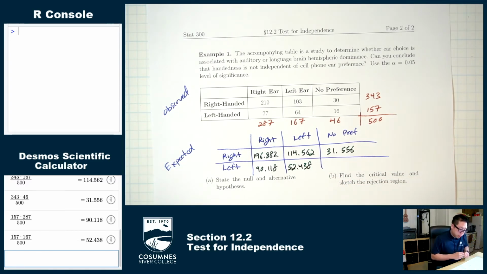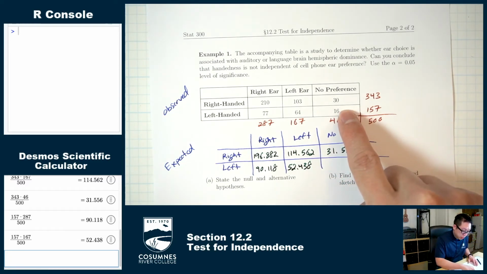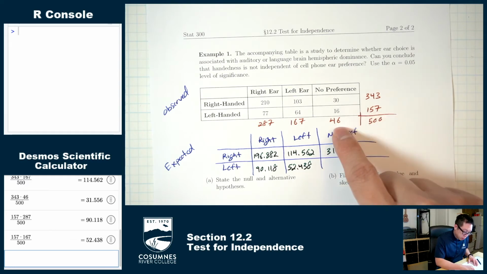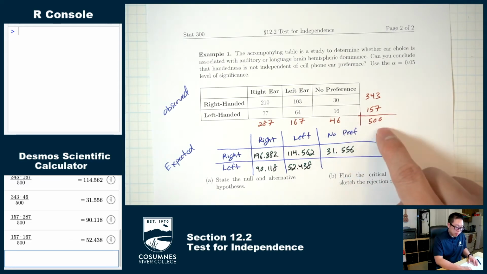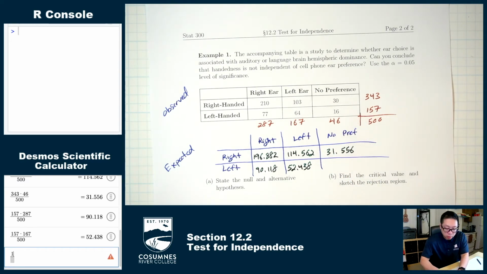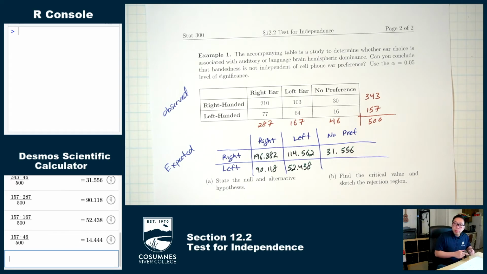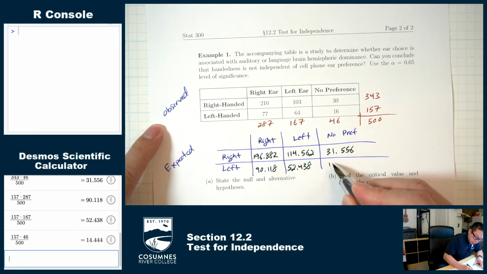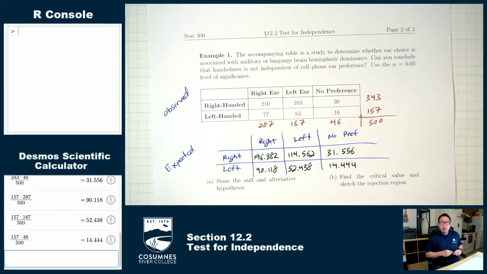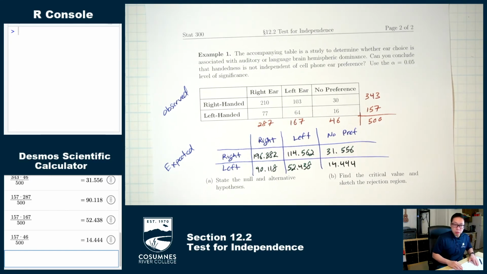And then last one, this one's going to be 157 times 46 divided by 500. 157 times 46 over 500. 14.444. And those are our expected numbers.